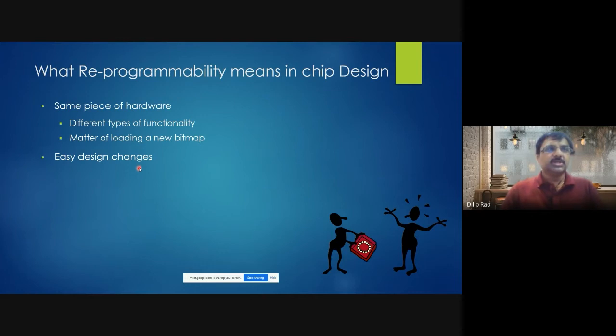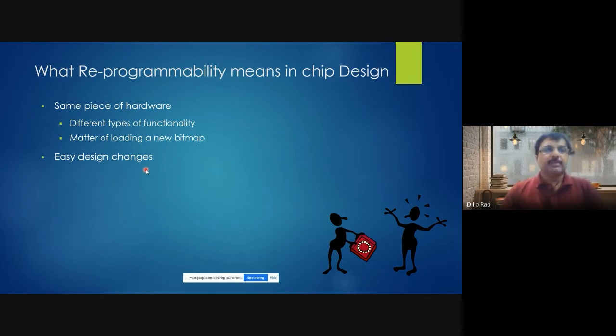Easy design changes. I think we already discussed this. Easy design changes basically reduce the hardware complexity to be similar to that of software. If there is any bug discovered in your design, all you need to do is go back to the design stage.